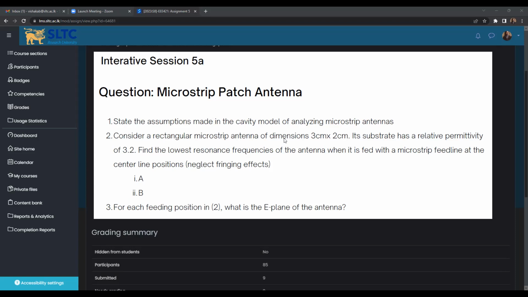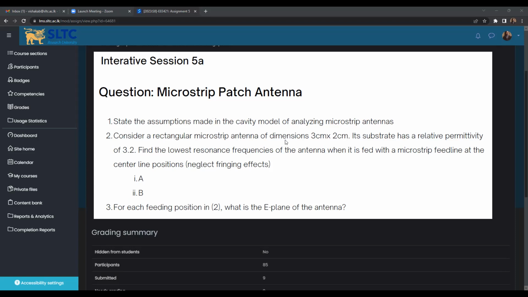Based on that, we consider that the electric field distribution follows a cosine function, and then we drew the electric field distribution in the patch antenna, once a certain signal is fed to the antenna across a certain side of the antenna.